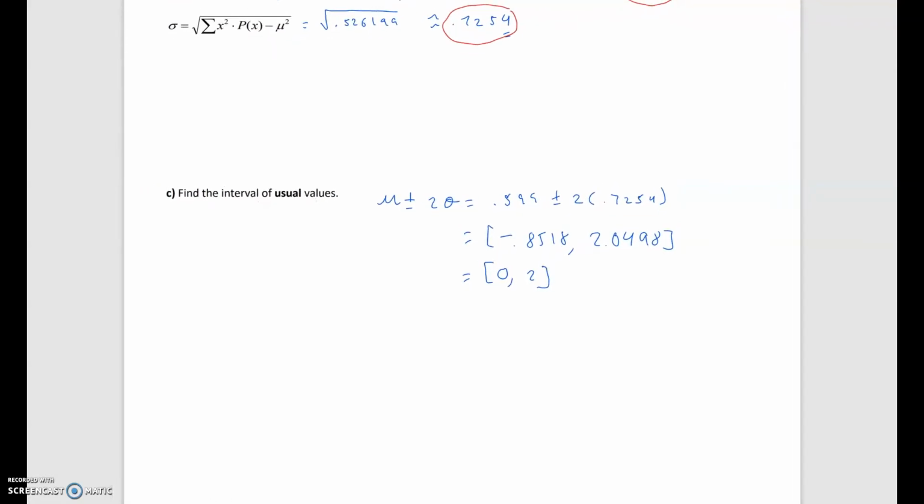And then as we write it in a sentence, the usual interval using mu plus or minus 2 sigma is, and in this case we ended up with 0 to 2 babies with green eyes.